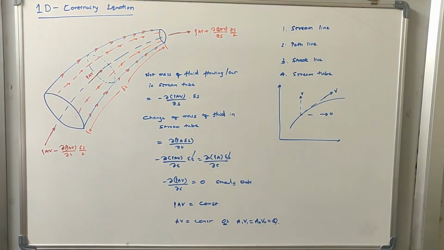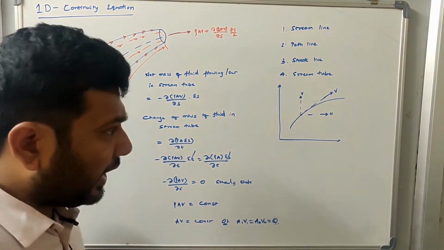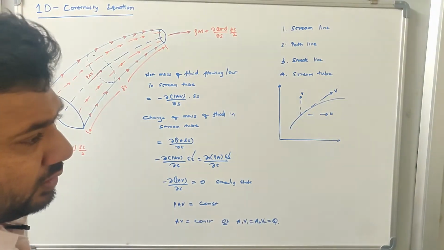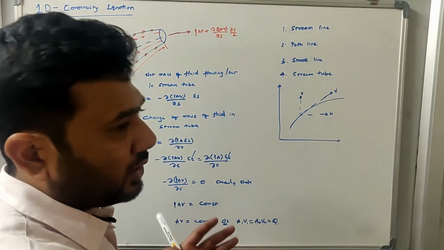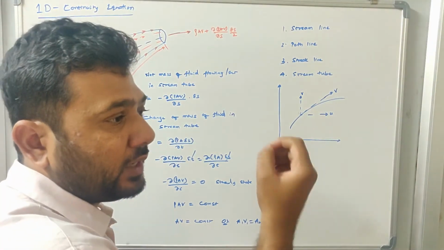A streamline is an imaginary line. If you draw a tangent at any point on the streamline, you will get the direction of the velocity. Every fluid when it is flowing will create these streamlines. These streamlines are imaginary lines for any given instant of time.